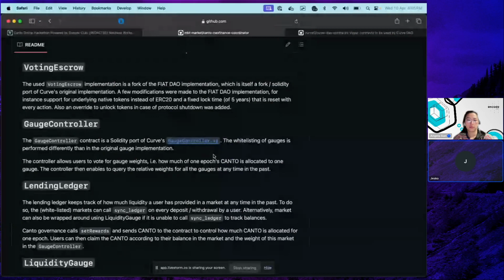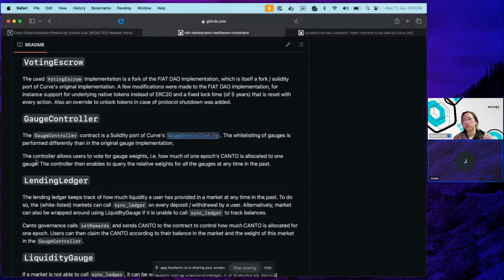In the Canto ecosystem, the potential gauges that we're going to have are the different LP pools which are created, right? For example, the Canto Cadence pool can be a gauge, the ETH Omni pool can be a gauge, etc. And then this controller is responsible for the voting.